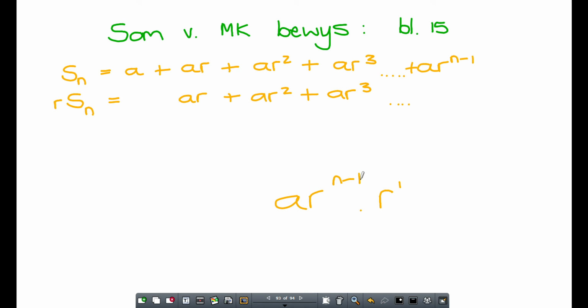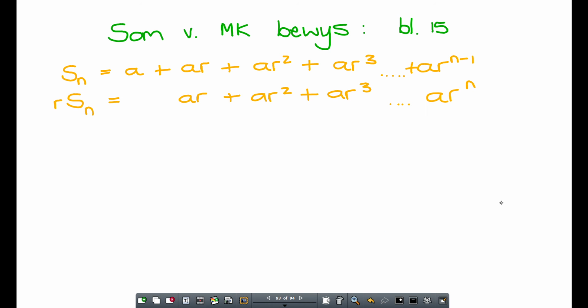So what is going to happen with these exponents? It is going to become n minus 1 plus 1, which means that, can you see those two are going to cancel each other out? So I'm only going to be left with a r to the power of n. Does that part make sense to you? Good, can I erase down here? Right.